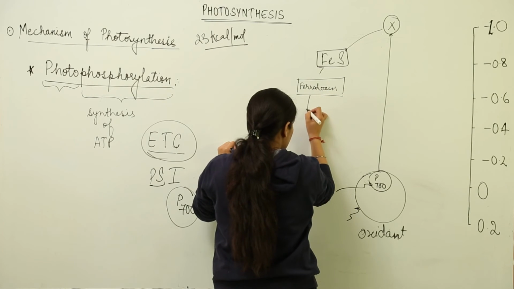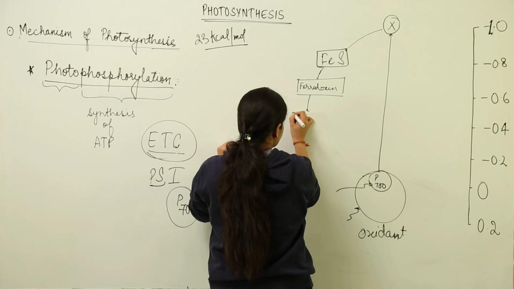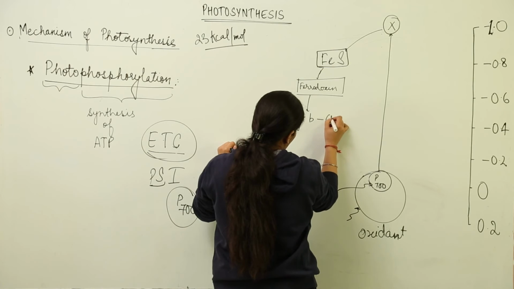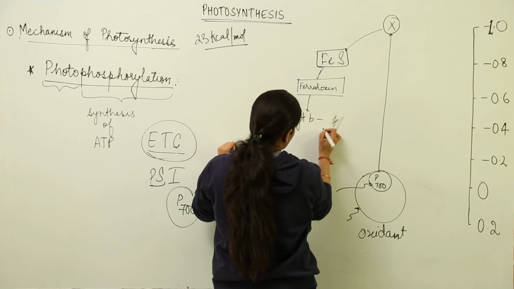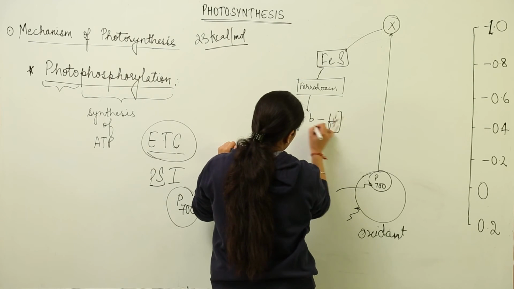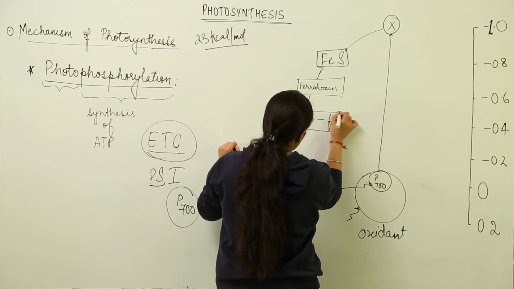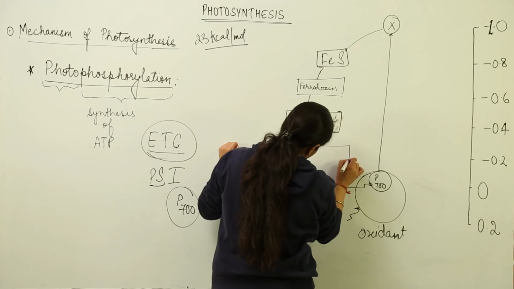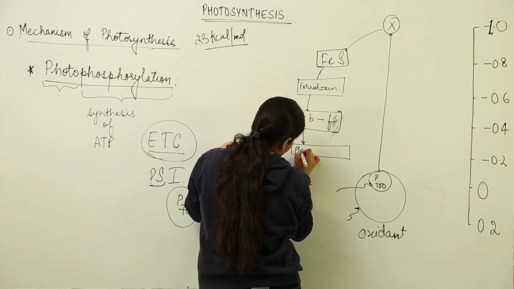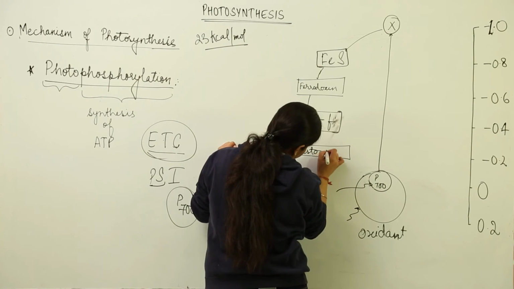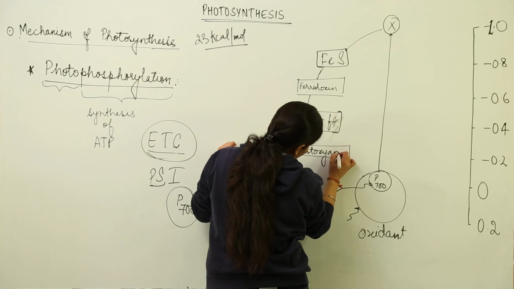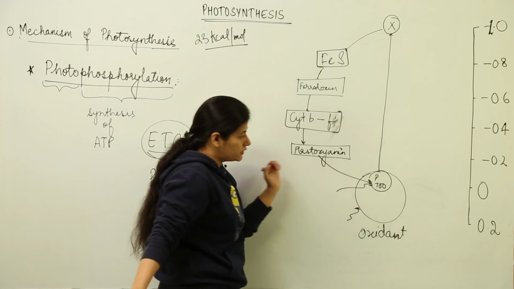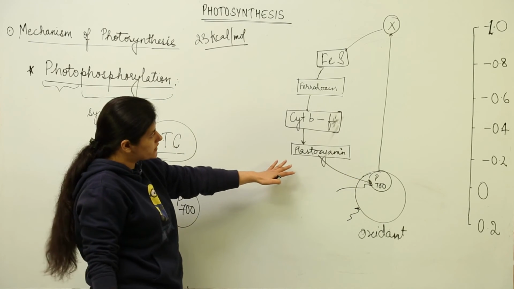This ferredoxin passes on the electron to cytochrome B, cytochrome F complex. From cytochrome B and F, it goes to plastocyanin, and from plastocyanin it comes back to the site from where it was excited.